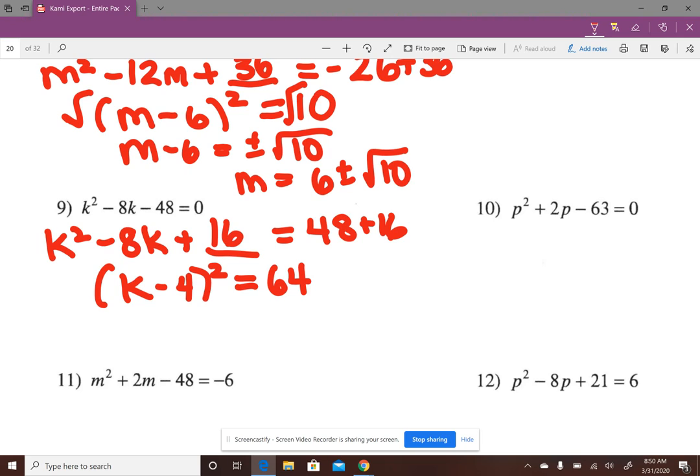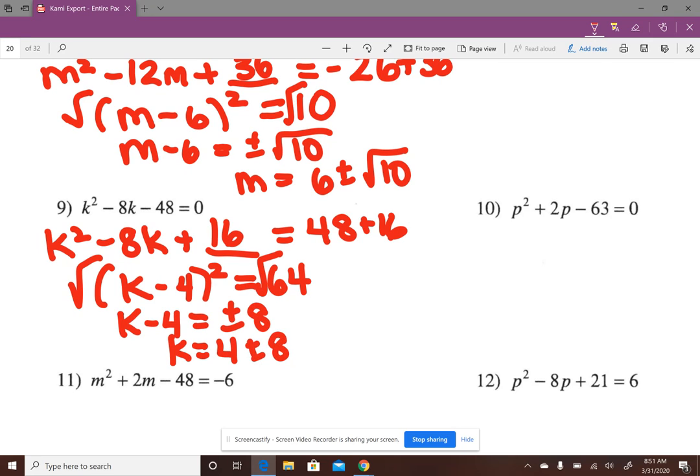That 64 is a perfect square, so this is going to be a rational answer. Take the square root of both sides. I get k minus 4 is equal to plus or minus 8. So I get k is equal to 4 plus or minus 8. So k equals 4 plus 8 is 12. K equals 4 minus 8 is negative 4.